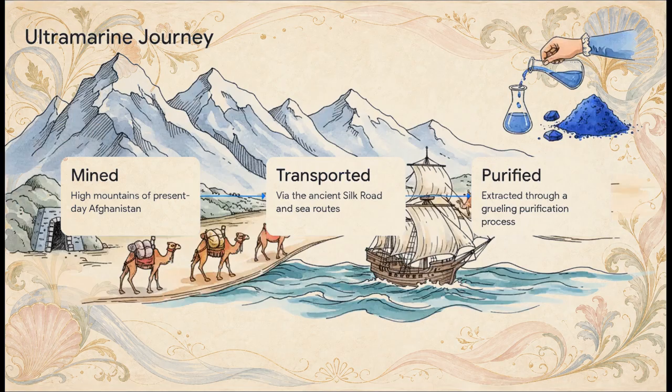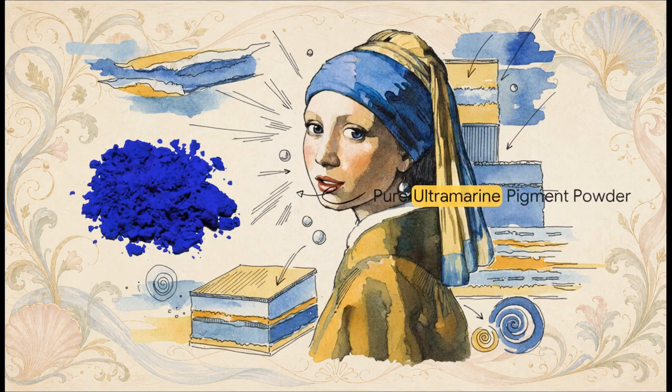Because of this massive global journey, ultramarine was incredibly rare. In fact, it was actually more expensive than gold. Crazy, right? And this brilliantly illustrates just how lavishly Vermeer used this wildly costly pigment. He didn't just slap it on the prominent blue headscarf.